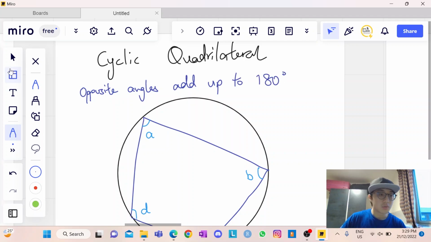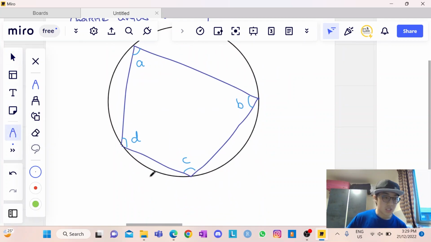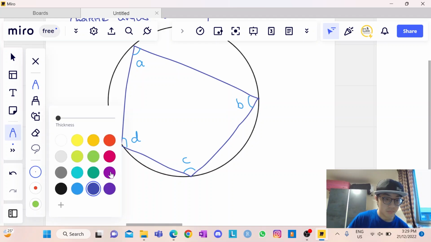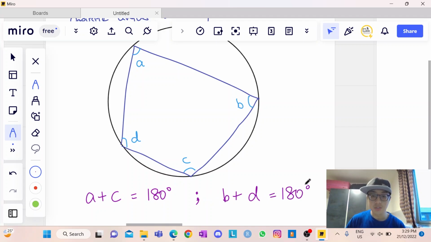So in the example here, A plus C will equal 180 degrees and B plus D will equal 180 degrees. So the opposite angles add up to 180 degrees, and this as well.